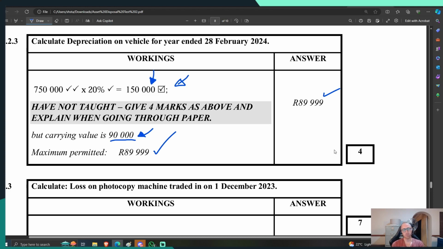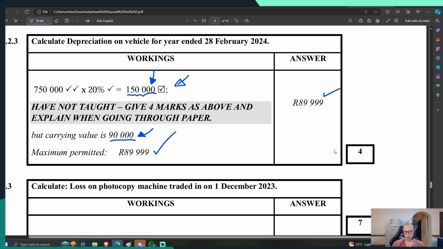So whenever you do depreciation on an asset, it is important that you look at the remaining book value of that asset to make sure that you can depreciate it that amount. Otherwise, you will make a mistake like I made here, saying that depreciation was 150,000, when actually there isn't even 150,000's worth of depreciable value left on that asset.